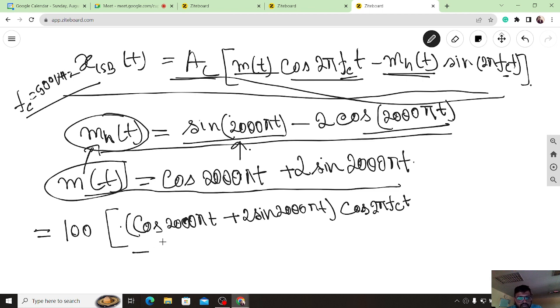So it can be written as sine of 2000 pi t minus 2 cos 2000 pi t into sine 2 pi fct.